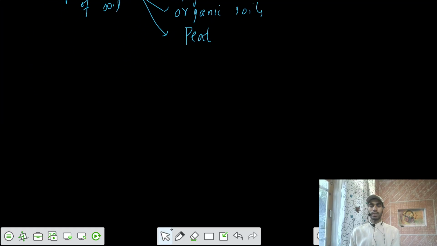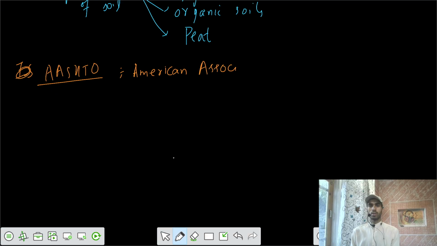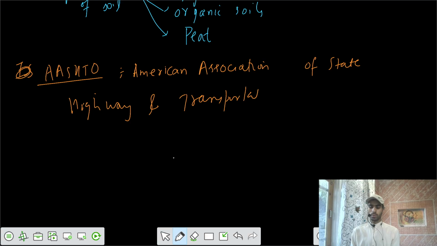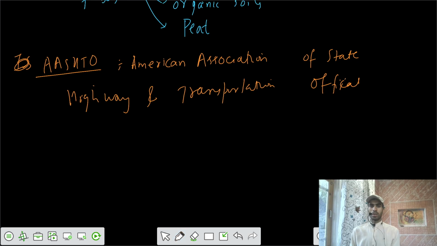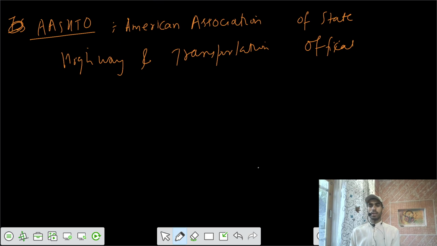If we talk about the second one, that is AASHTO, the American Association of State Highway and Transportation Officials.